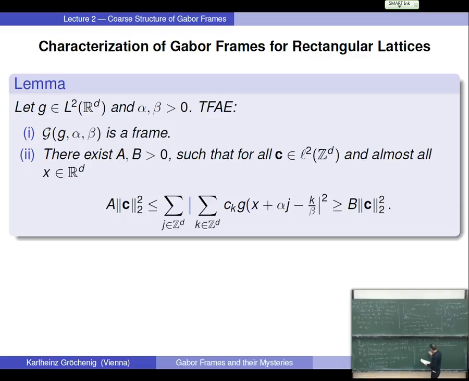So basically, gamma equals S inverse of G. That's the canonical dual window of G. It depends on alpha, beta, whatnot.